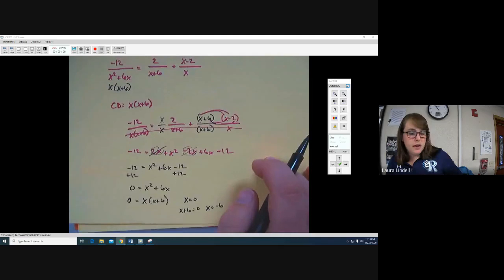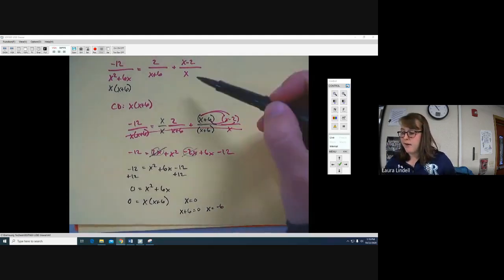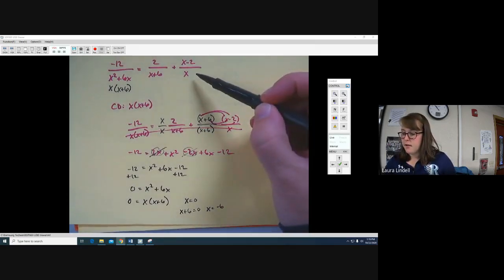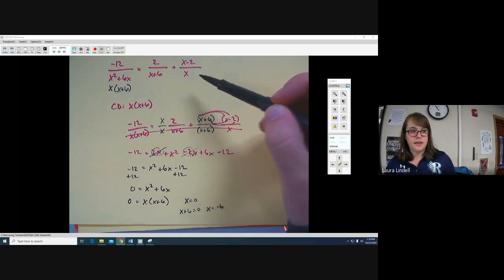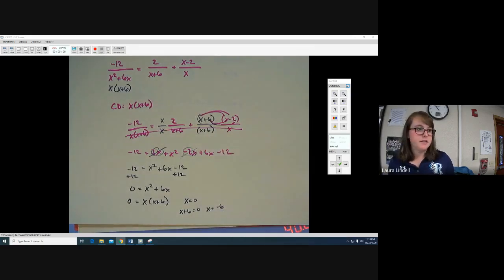But then we do have to be careful to go back to the beginning of our equation. Will either of those things, 0 or negative 6, be the answer? Will either of those be able to be plugged in?